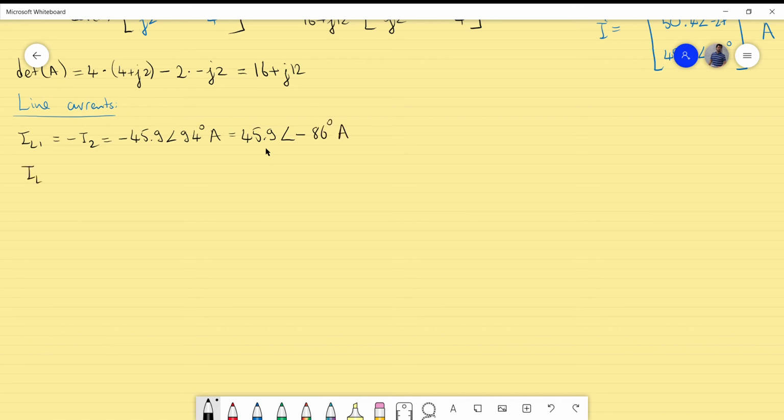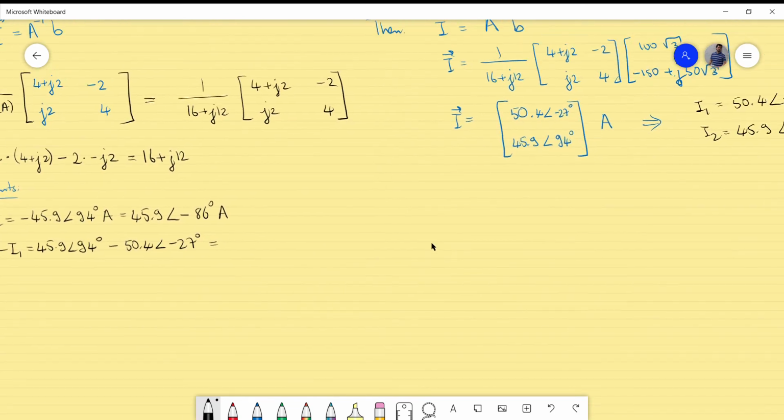If you now do the math for IL2, which is I2 minus I1, which is 45.9 phase 94 minus 50.4 phase minus 27, which is calculated here. Look at the right side.